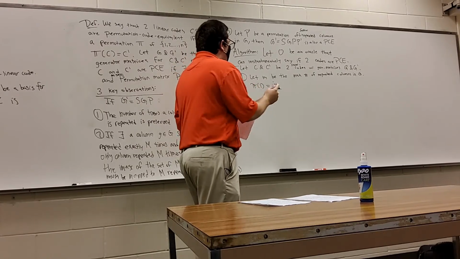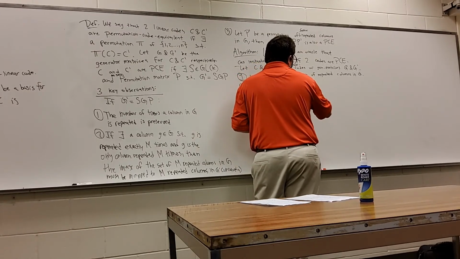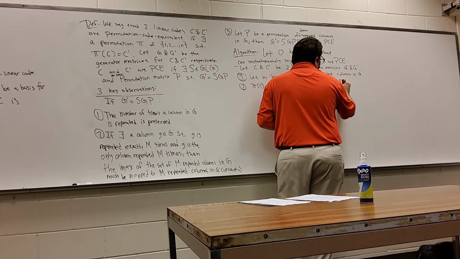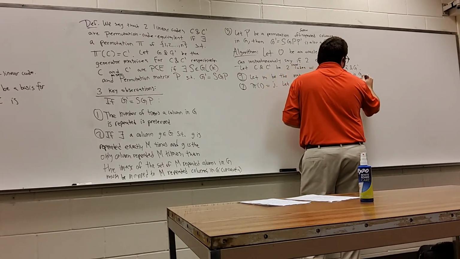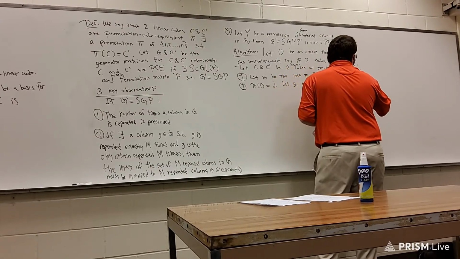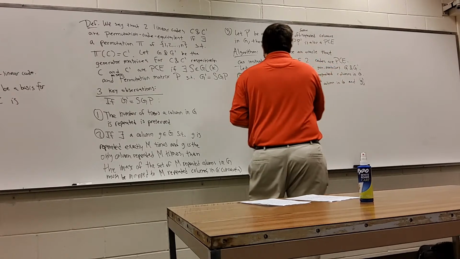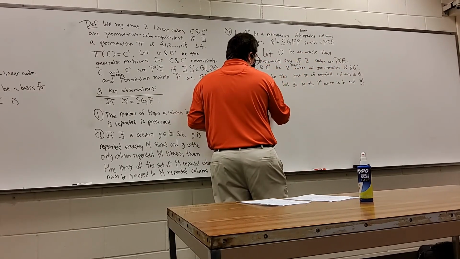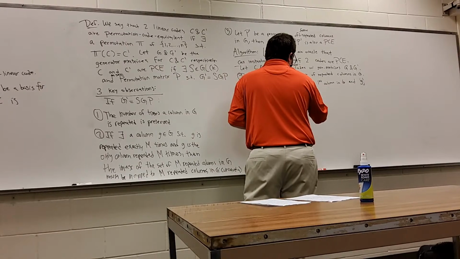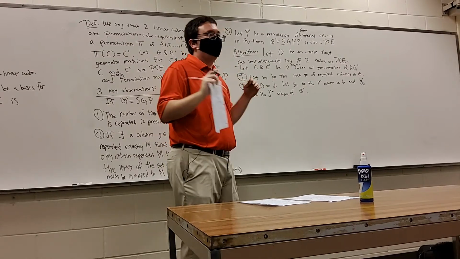We're going to let g1 be the first column in G, and let G prime j be the jth column of G prime. Then we create two new matrices.